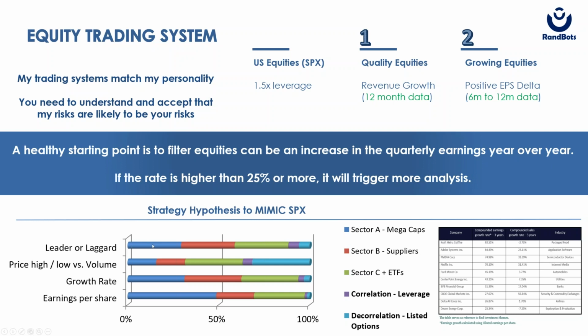For example, in leaders and laggers, I look at sector A, B, and C equally, and I barely focus on correlation or decorrelation options. However, here when I look for volumes, right, price high and low volume, or vice versa, low price and high volumes, the correlation factor is important, because I use options to hedge.